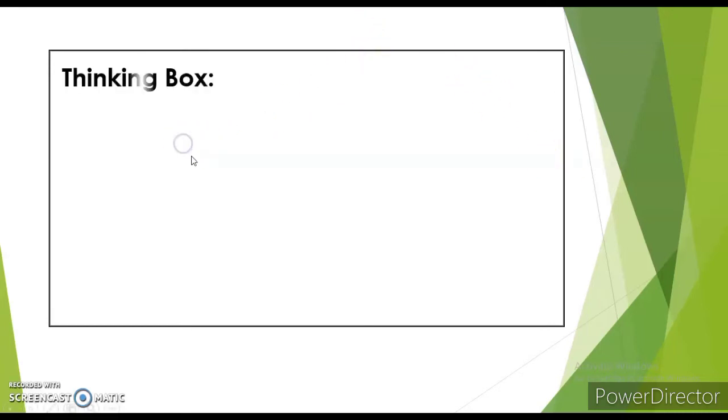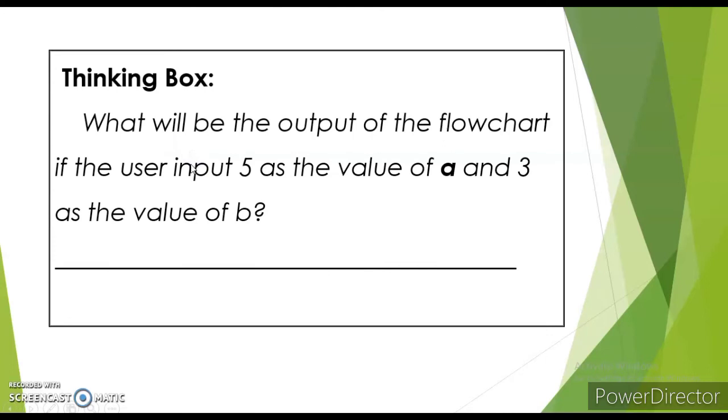What will be the output of the flowchart if the user input 5 as the value of A and 3 as the value of B? What do you think? So, the answer is, of course, di ba? The greater number there is A. 5. Okay.